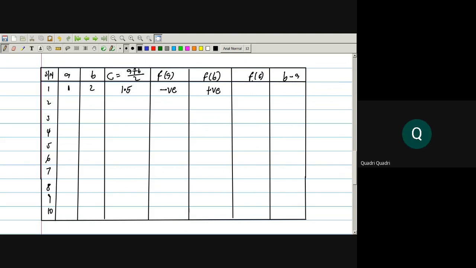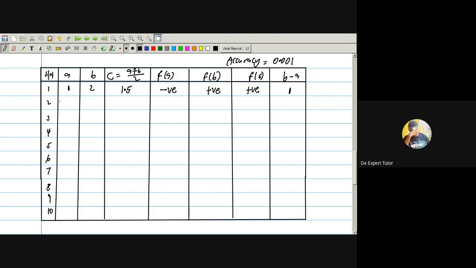F of 1.5 was positive. What was my B minus A from here? B minus A is 1. And don't forget the accuracy they give us, 10 raised to power minus 3, that's 0.001.